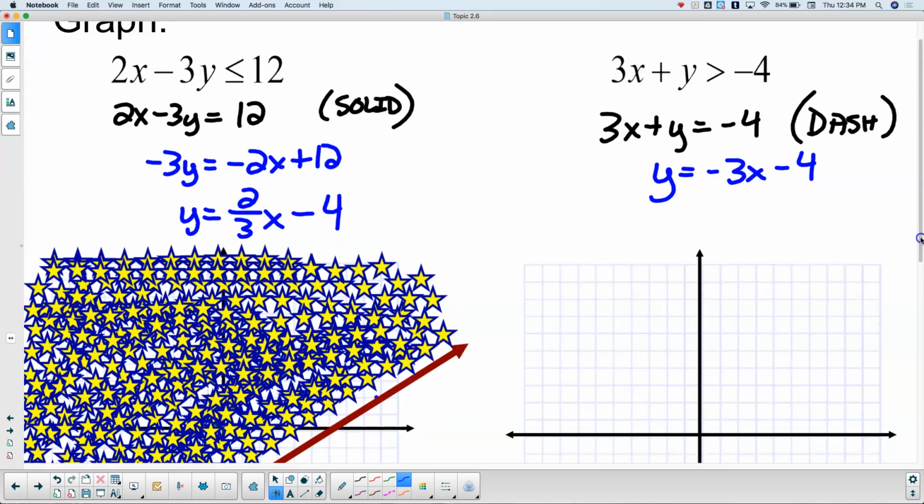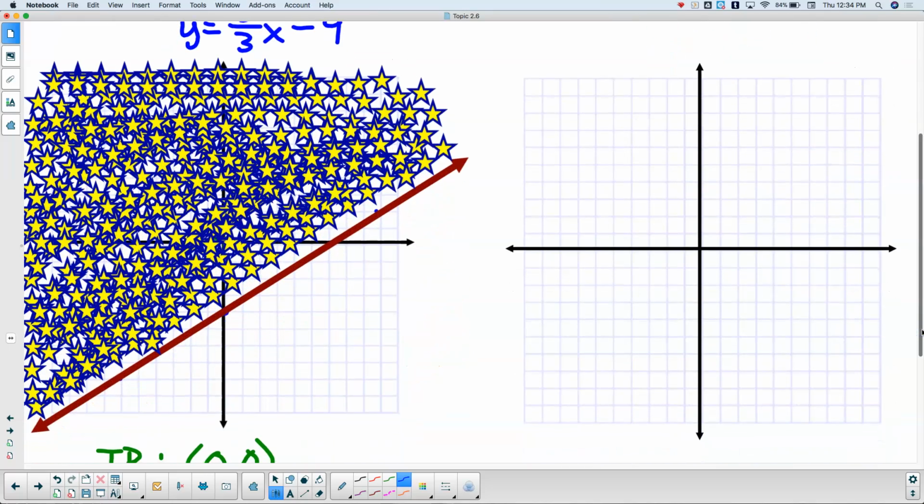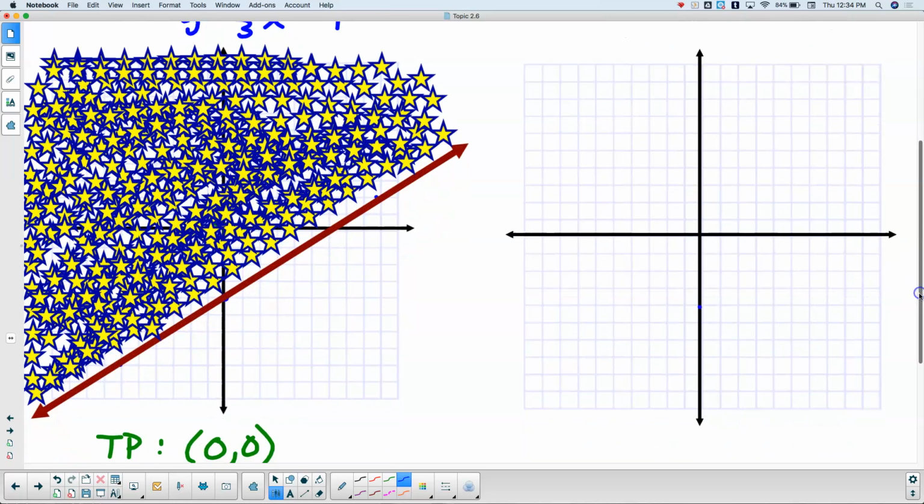So again, I go down 4. 1, 2, 3, and 4. So I'm right there. But now my slope is negative 3. So I'm going to go down 3, right 1, down 3, right 1, up 3, left 1. And so on and so forth. Now I've got a dashed line.